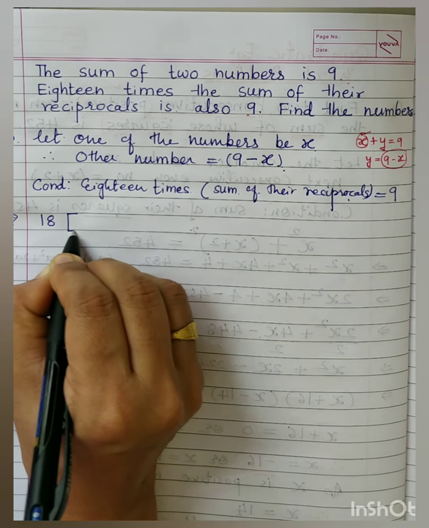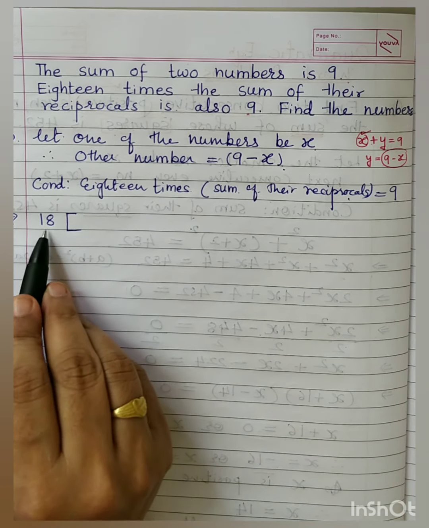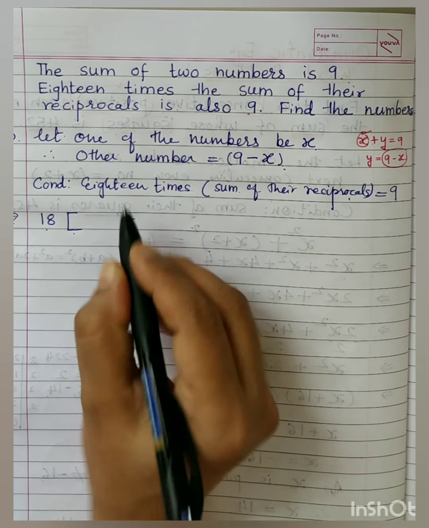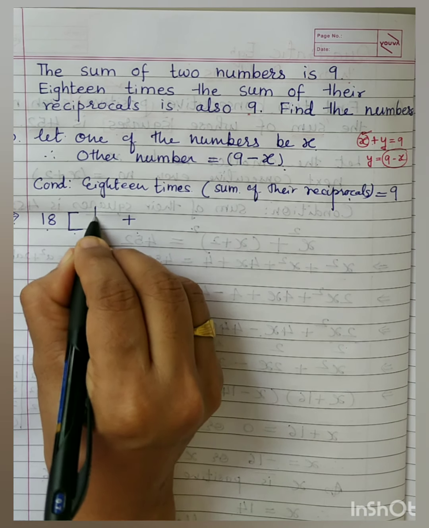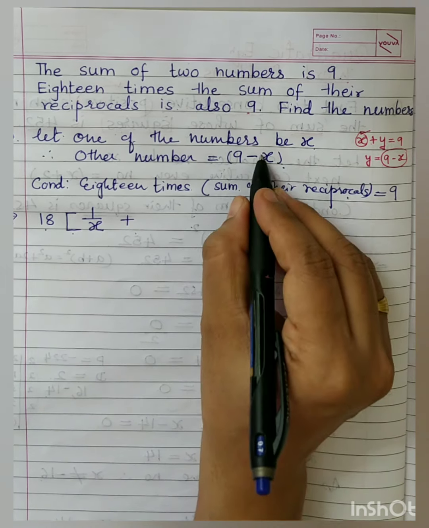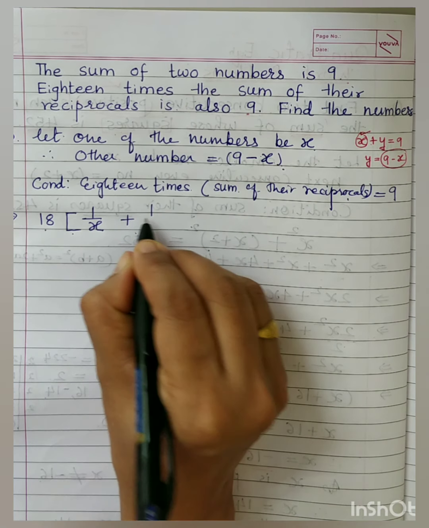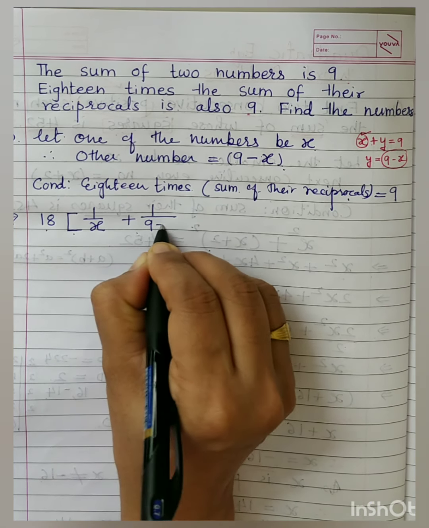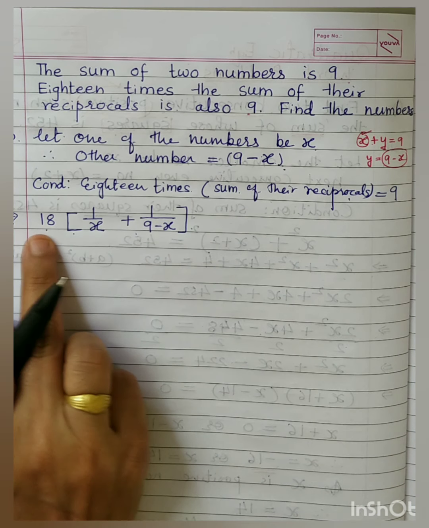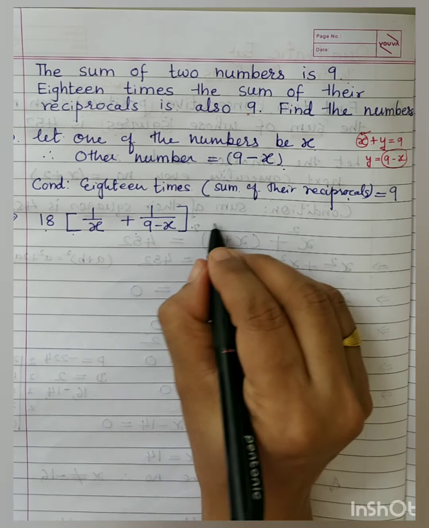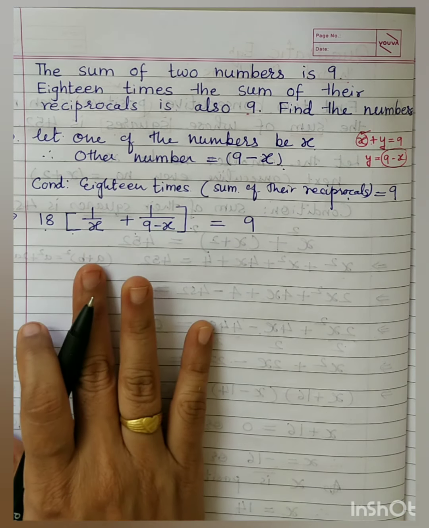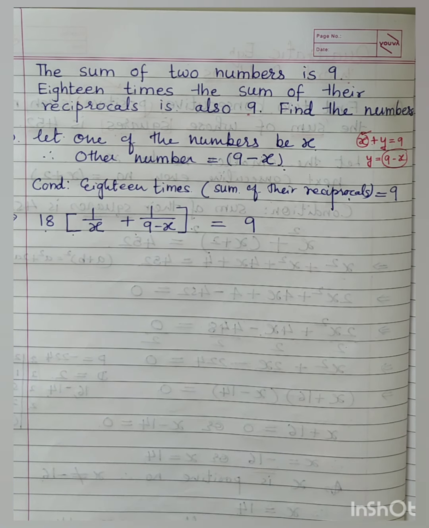I will put a bracket because the sum is a binomial. 18 times the sum means plus of what? Their reciprocals. The reciprocal of x is 1 upon x. The reciprocal of 9 minus x is 1 upon 9 minus x. 18 times the sum of their reciprocals is equal to 9. This is going to give us the equation.